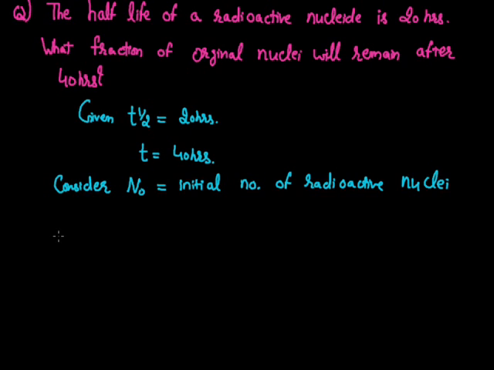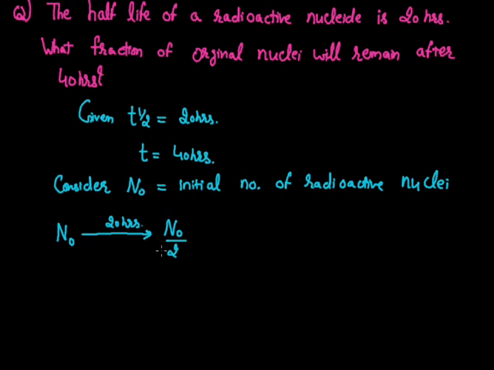As we know, within the time period of 20 hours, the number of nuclei will remain half of its initial amount. If I start with N0, within 20 hours, the half-life period of this substance, the amount will become half of its initial value, and the final amount will be N0 by 2.